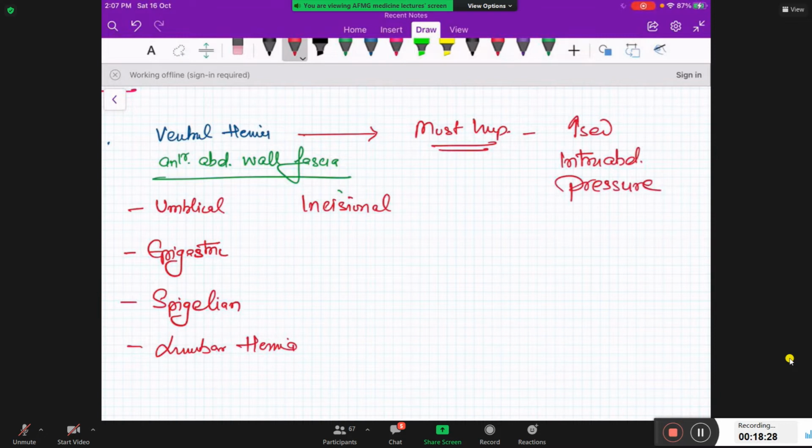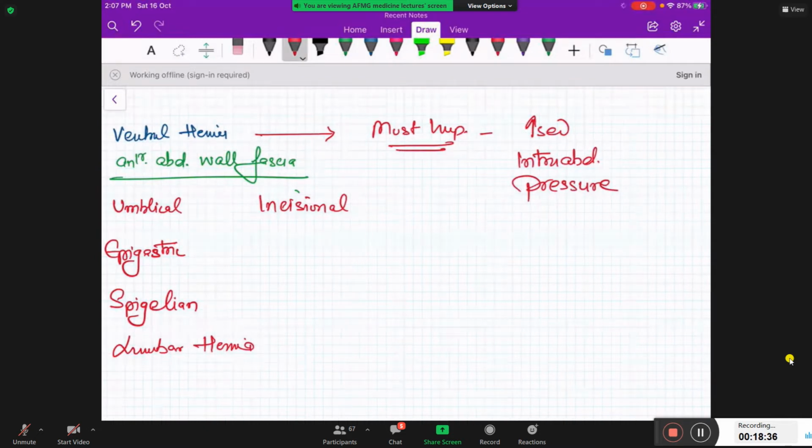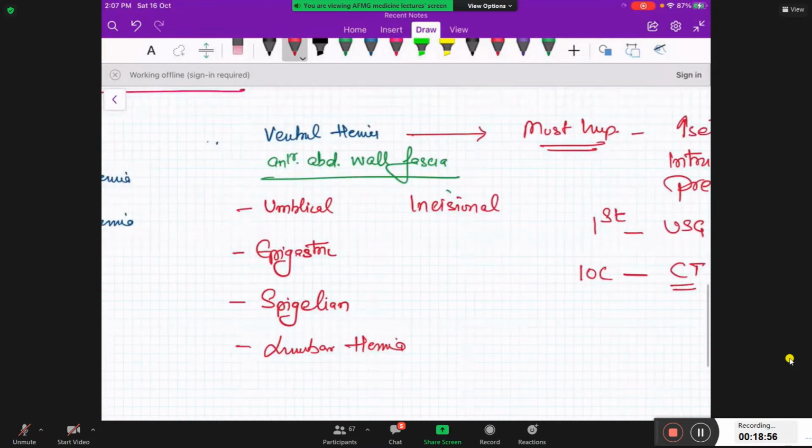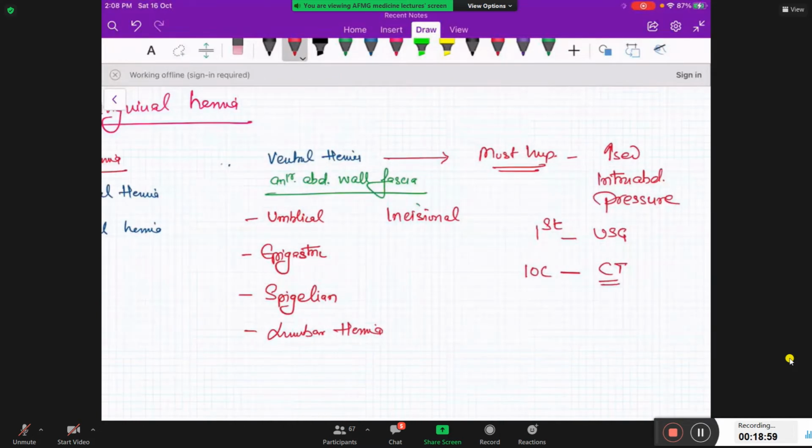And the first investigation for all ventral hernias is ultrasound, while the investigation of choice for all ventral hernias is CT scan. So you don't have to remember for every hernia individually. I'm trying to keep things simple for you.